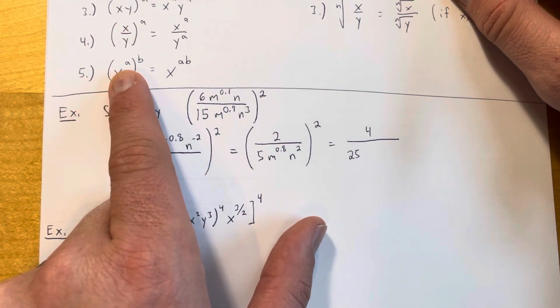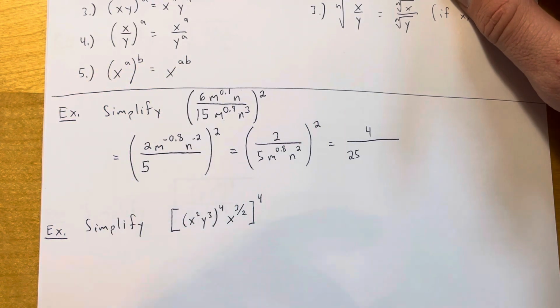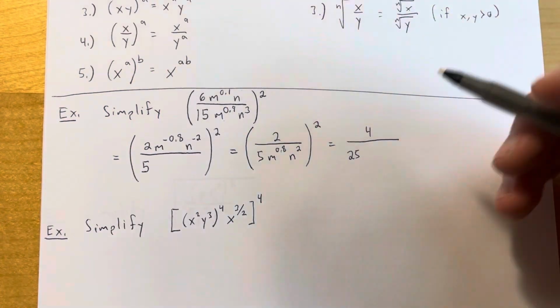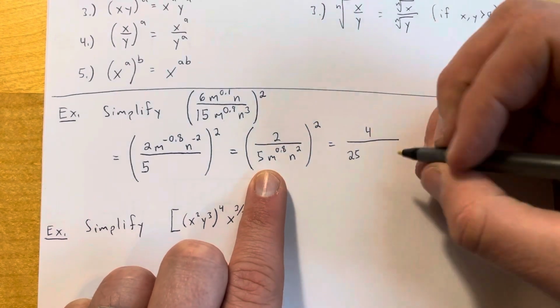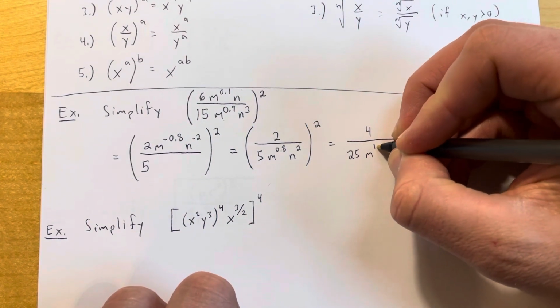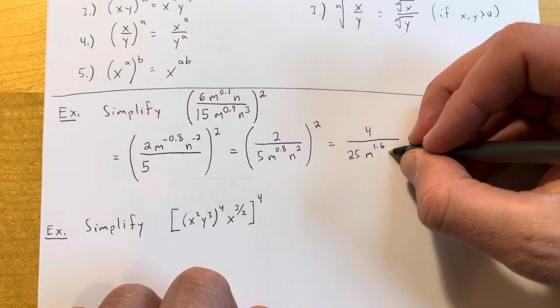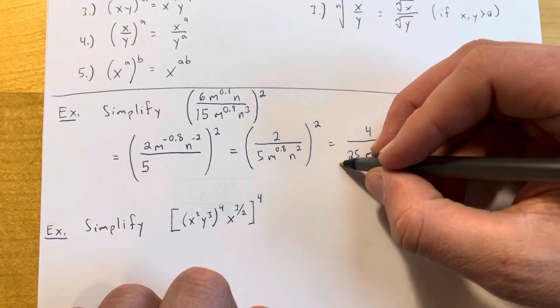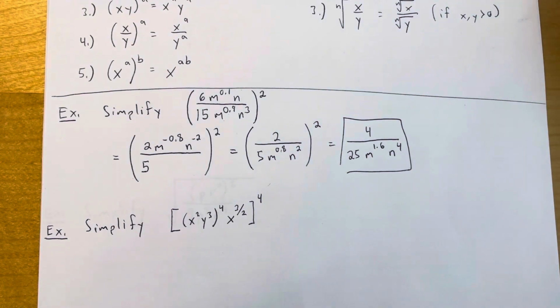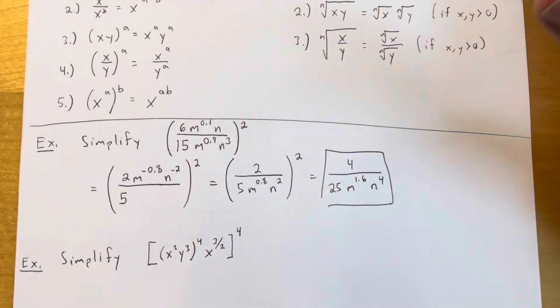So something to a power raised to another power can be simplified by just multiplying those exponents together. 2 times 0.8 is 1.6. And same thing here. This 2 times that 2 is 4, n to the 4th. And that is as much as I'm going to be able to simplify that. I could take this decimal and think of it as a rational exponent and then convert it into a radical, but I don't really care to do that.